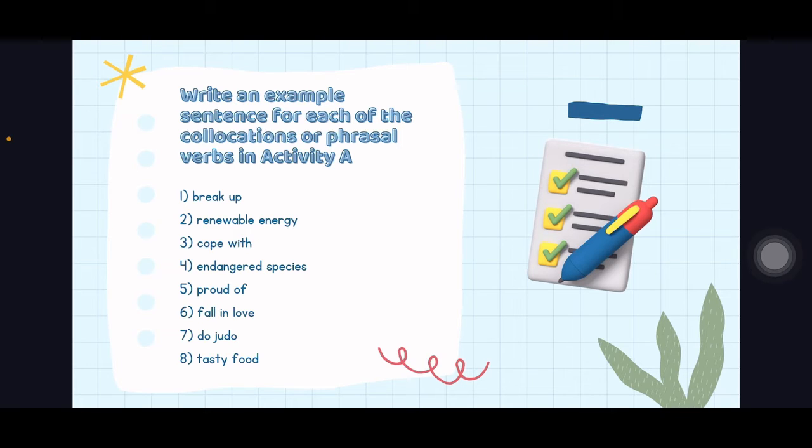We have done match the words. So now we have these 8 collocations of phrasal verbs taken from activity A. Now what you need to do is write sentences for each collocation of phrasal verb from activity A in your notebook.